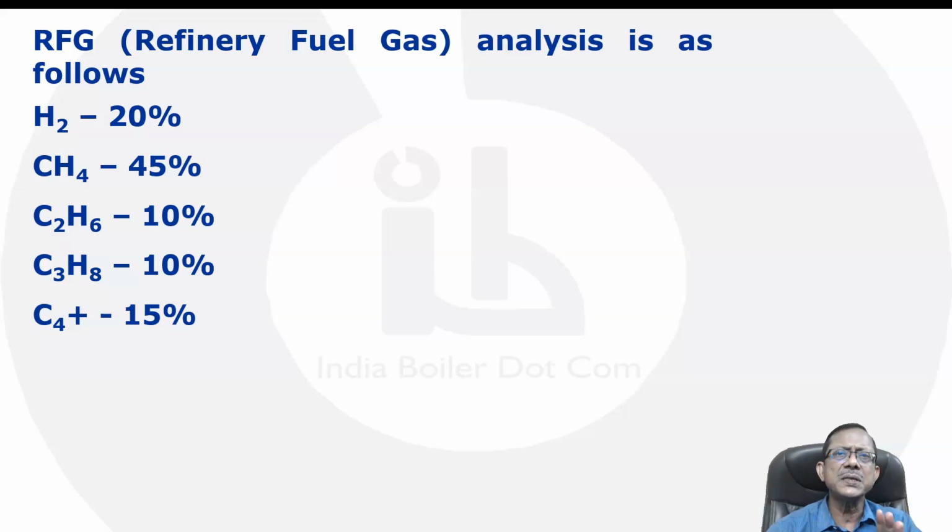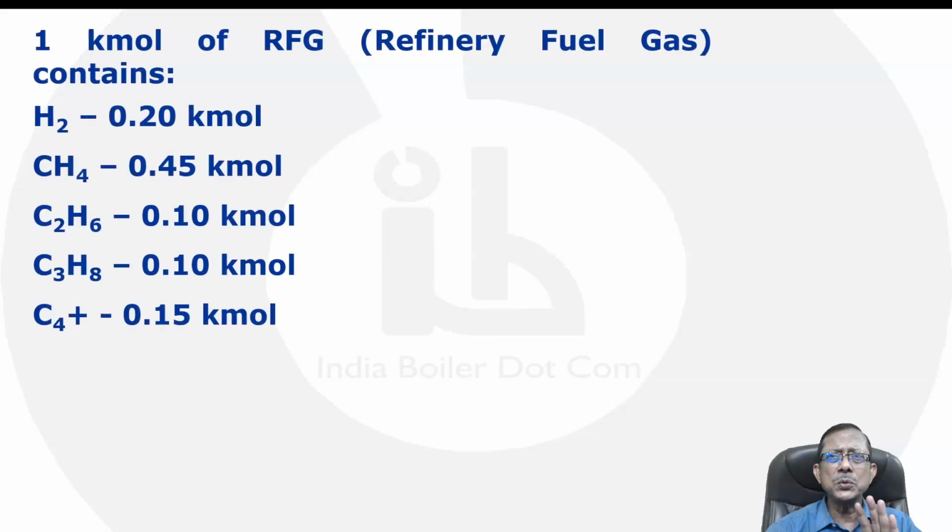Now when they say percentage analysis, it can mean both, that if I'm having 20% hydrogen, 45% CH4 and such, 10% C2H6 and 10% C3H8, balance 15% is C4 plus. That means, in 1 kilomole of this refinery fuel gas, I'm having 0.2 kilomole of hydrogen, 0.45 kilomole of CH4, right?